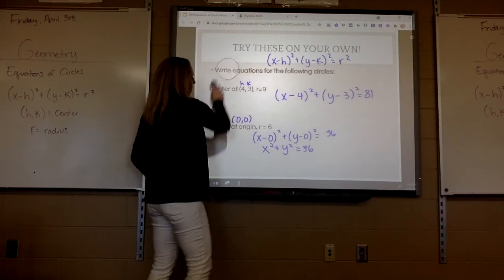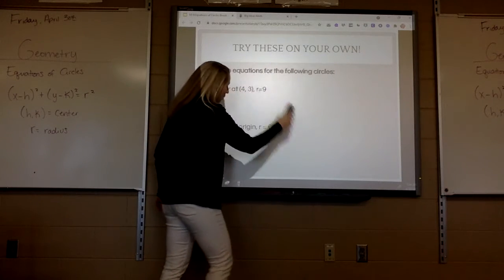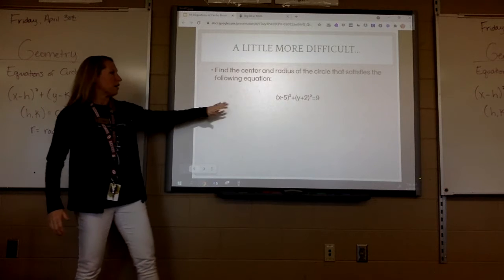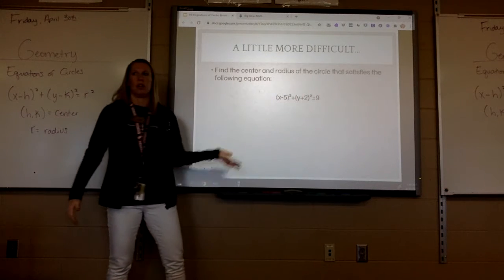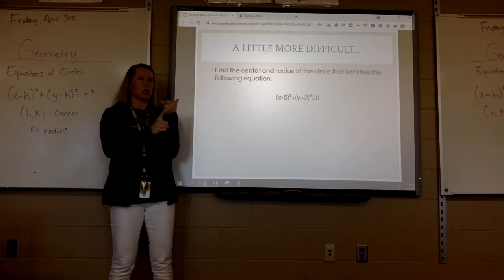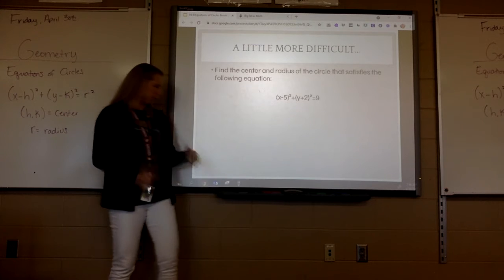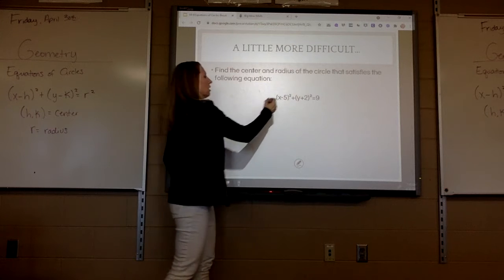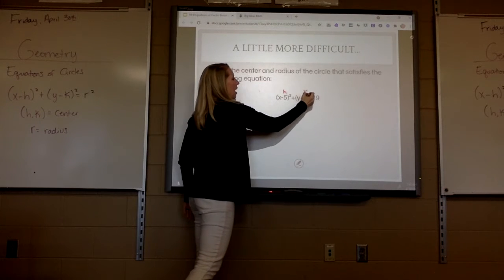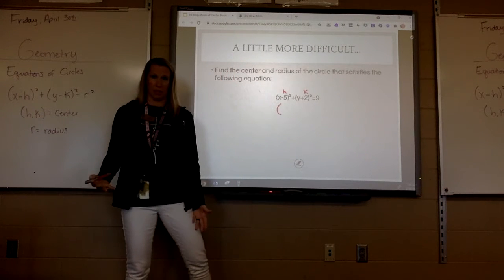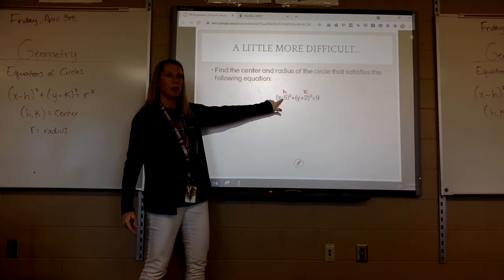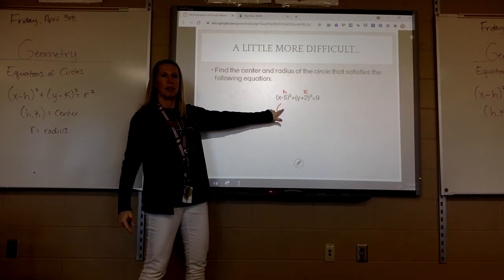Okay, so remember how I told you that it will always look backward. So what if you have an equation? We need to figure out the center and the radius. So on this one, I've got an equation. Remember, I have h and k, but it's always going to look opposite. So if this is negative 5, what's my h going to be?